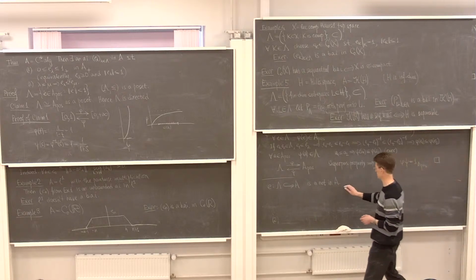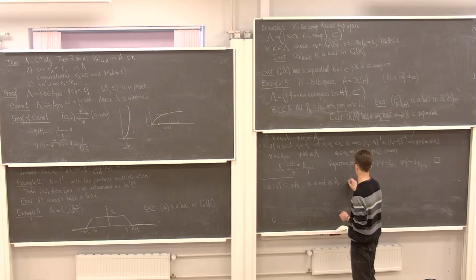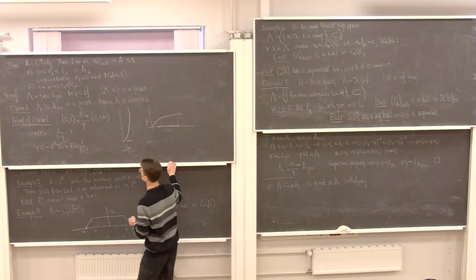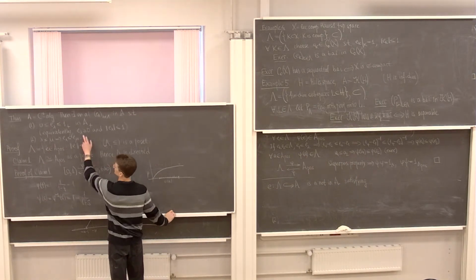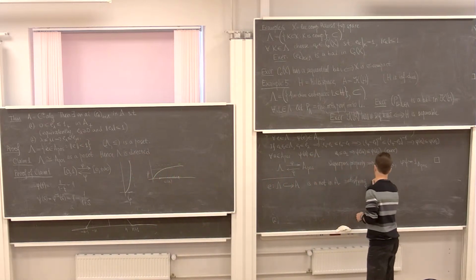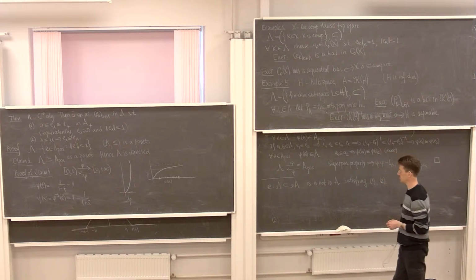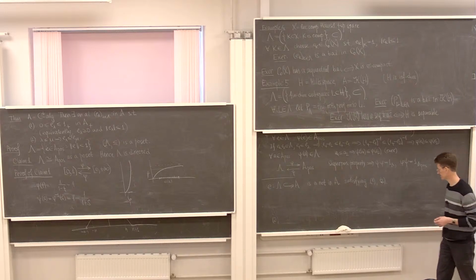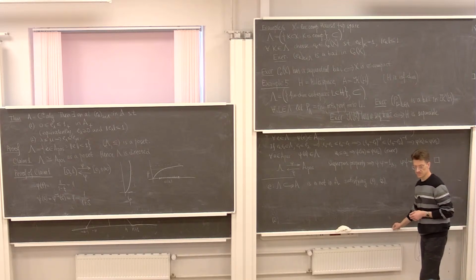So clearly it satisfies our two conditions, 1 and 2. At the beginning of the next lecture, we will show that this is indeed an approximate identity. Okay, so that's all for today.